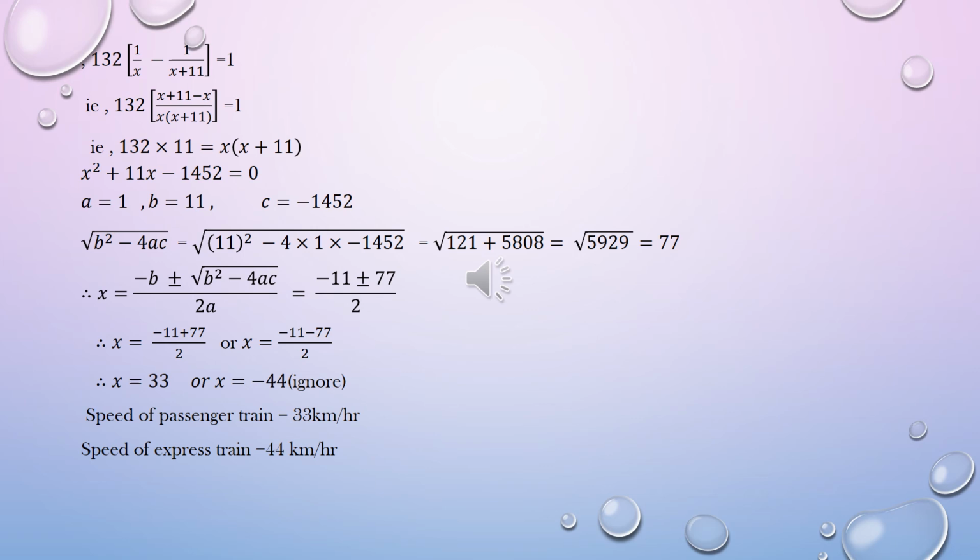Transposing the denominator to the right hand side, we have 132 into 11 is equal to x into x plus 11, which is in the standard form x square plus 11x minus 1452 equal to 0. Here a is equal to 1, b is equal to 11 and c is equal to negative 1452.